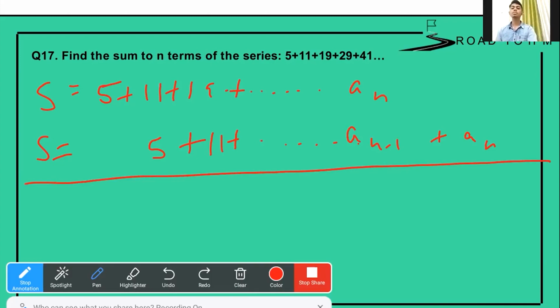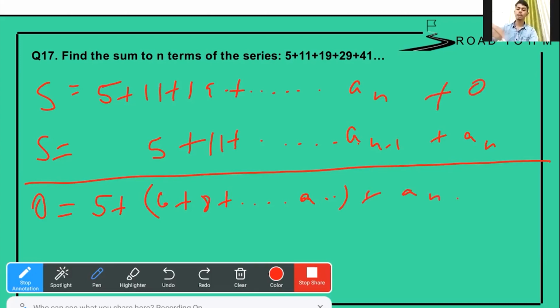Now I'm asking you to find the difference between these two. S minus S is 0, 5 plus 11 minus 5 is 6, then 8. Remember the difference that we found before, till AN minus 1, so we just have a close bracket. This is 0 minus AN.